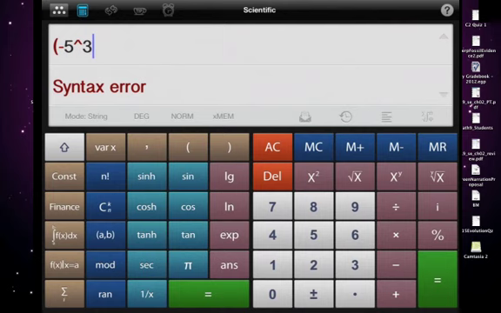On some of the calculators, in this one in particular, you see that error. I had to fill in a little bit more of the information, -5, and then it wanted me to put the parentheses around it just to be 100% sure of what I was talking about. I could take this to the 5th power and show you that you get a negative result.